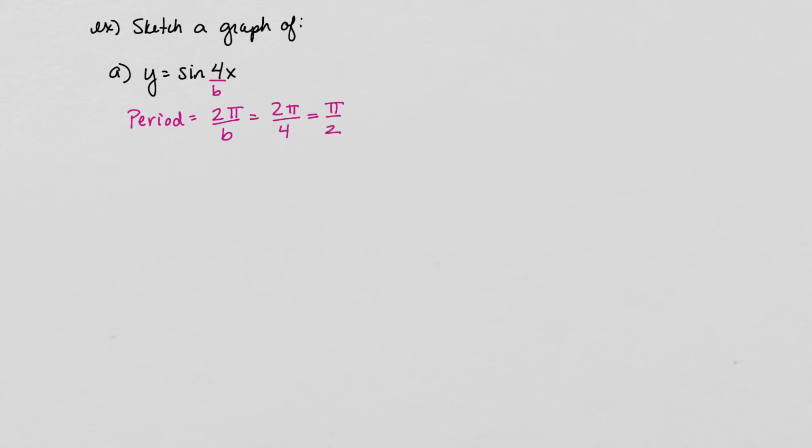So what that means is now when I go to sketch one iteration of the sine wave, so here's my generic sine wave, I haven't changed the amplitude, so we're still up here at 1 and still down here at negative 1. And now, rather than it taking 2 pi to get all the way out here, it takes only pi over 2. So this right over here is pi over 2.